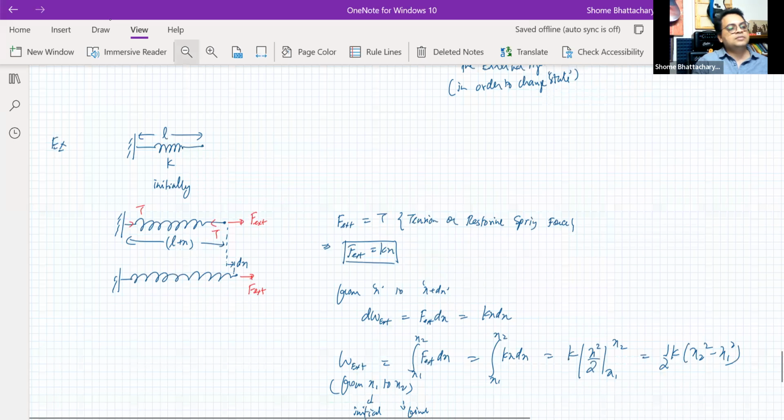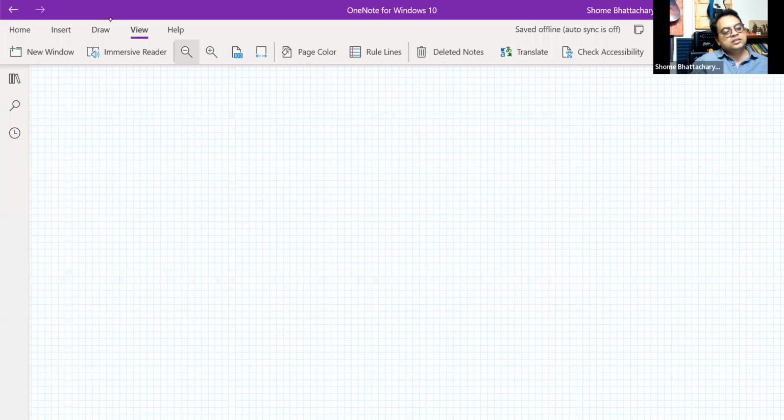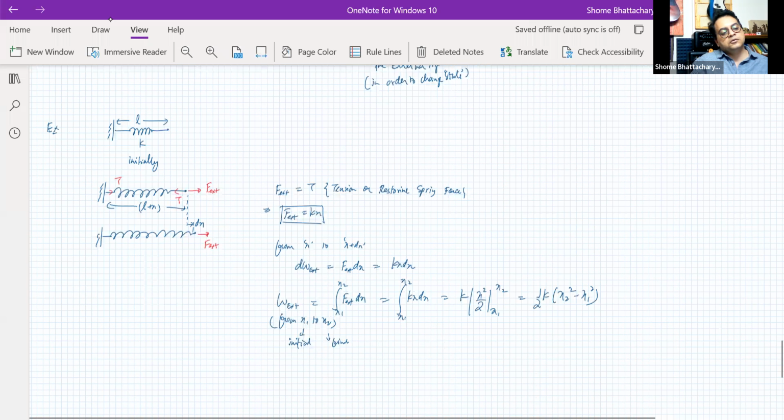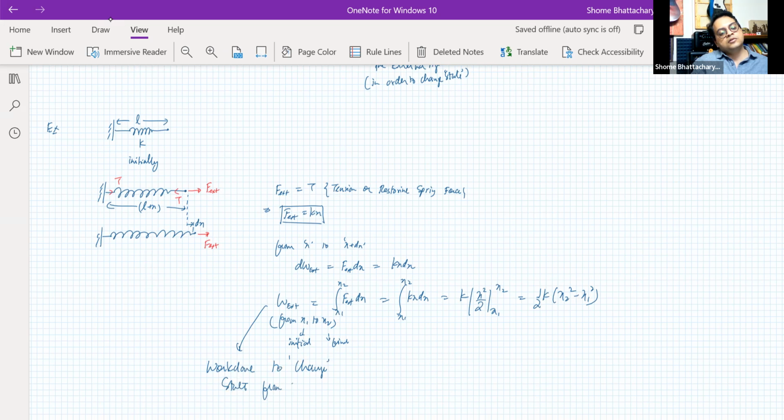So this is the work done by the external agent to change the state from x equal to x1 to x equal to x2. That work done is equal to the change in potential energy, which is final potential energy minus initial potential energy.